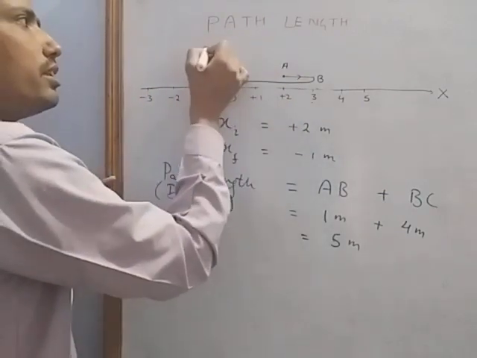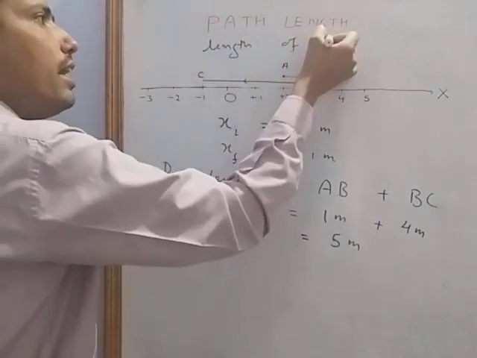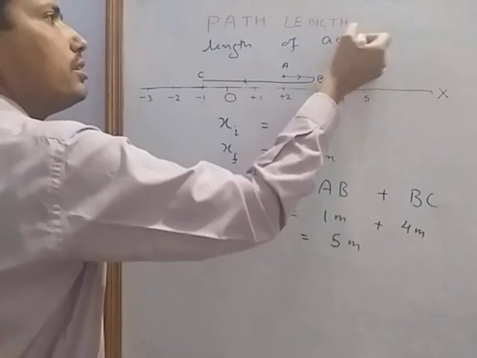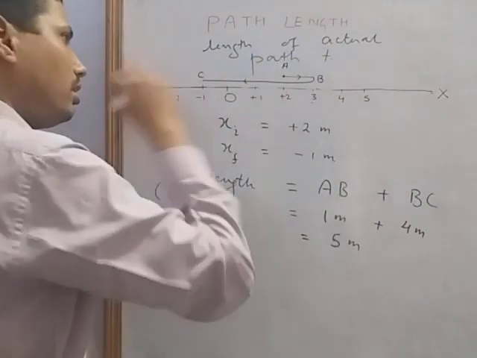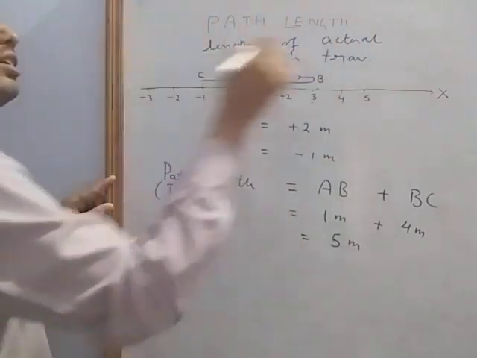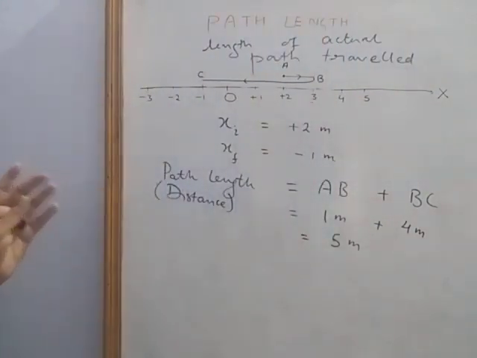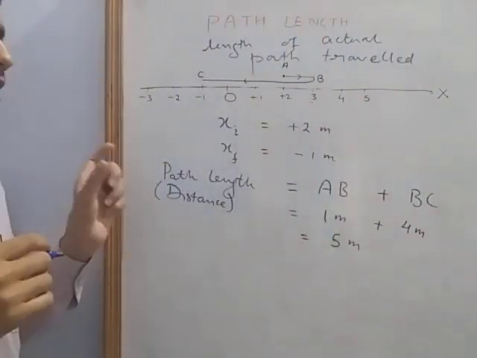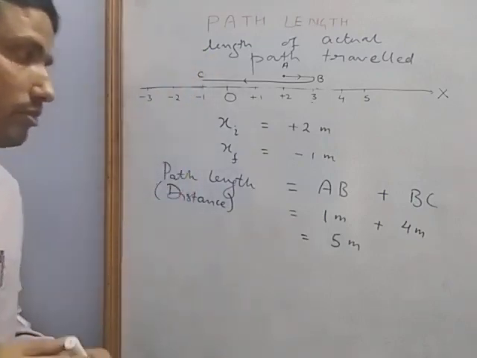So it is the length of the actual path traveled. Whatever path is traced by the object, the length of that path is equal to path length.